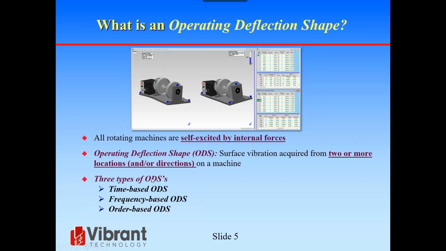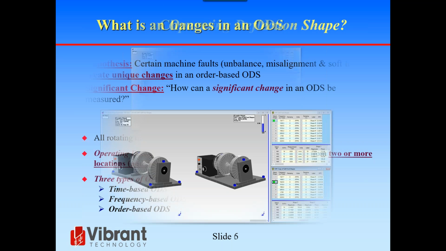We can talk about ODSs of three different kinds: time-based ODS, frequency-based ODS, or order-based ODS, which again would be a special case of a frequency-based ODS. But we can look anywhere in a spectrum, and especially if we've got some resonant-assisted vibration, in other words, resonances getting excited, which is usually always the case, we can measure ODS data from that.